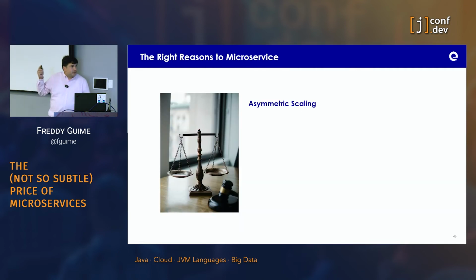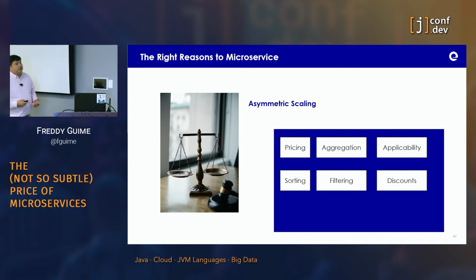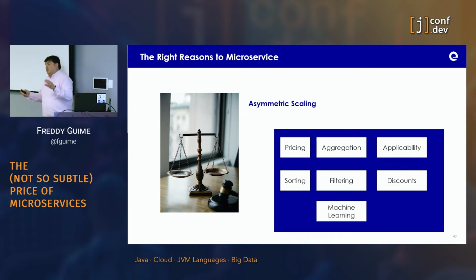Now, the right way to do microservices, the good reasons, the ones that I see that make sense, we should do that. The first one is asymmetric scaling. What that means is you have a service doing all these things, and suddenly you add a new module to the service, and you realize, while profiling it, that this module is burning the CPU.